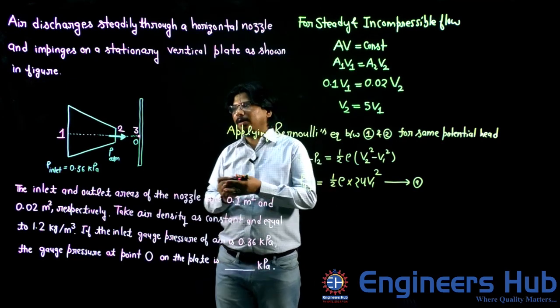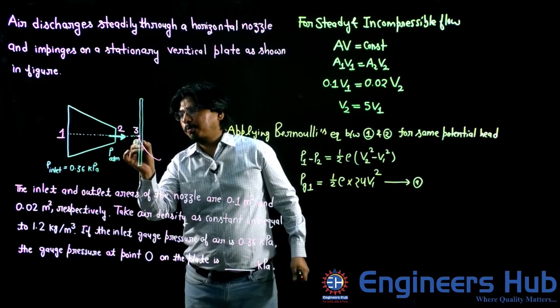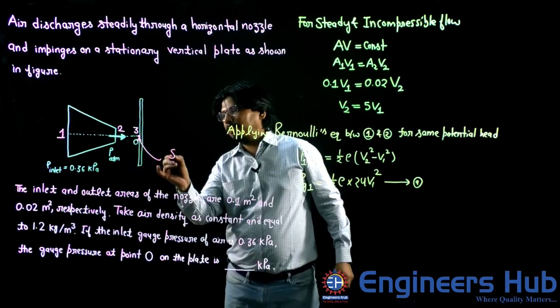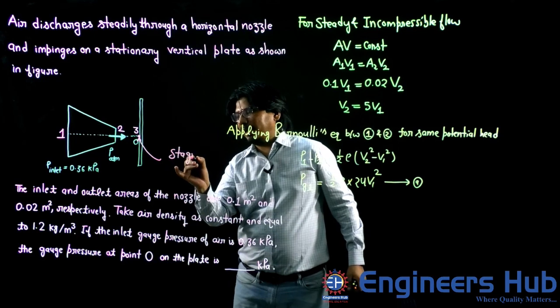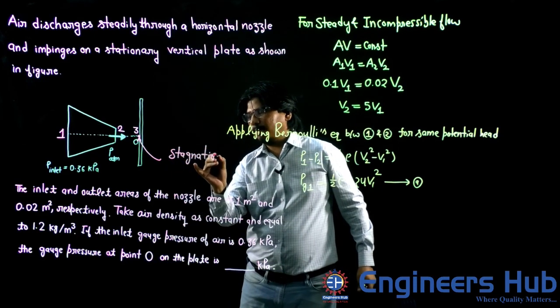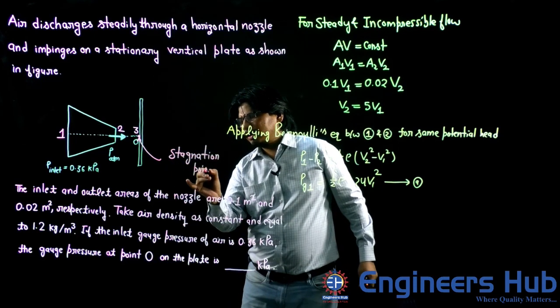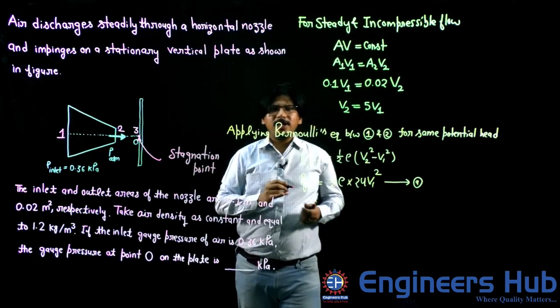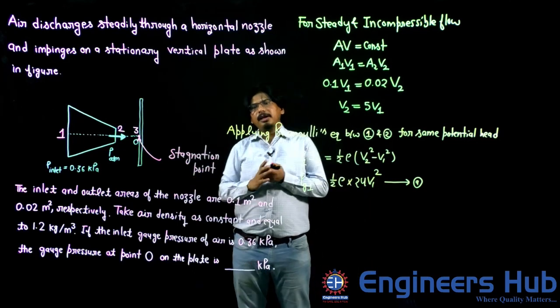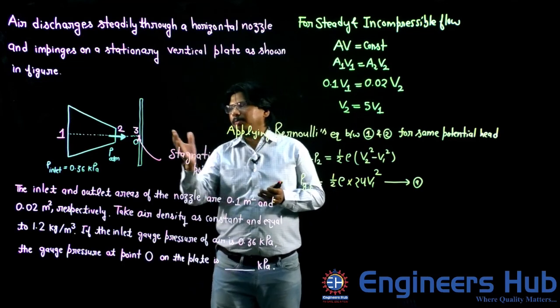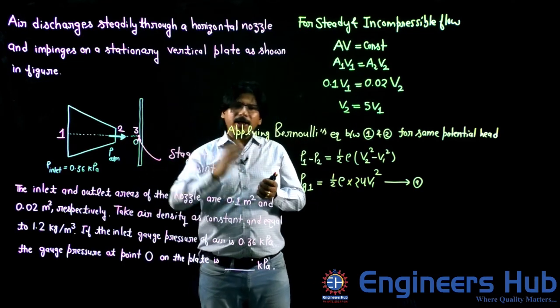So basically I am assuming this point number 3 is behaving as a stagnation point. If it is behaving as a stagnation point, I am free to apply Bernoulli's equation between point number 2 and point number 3.